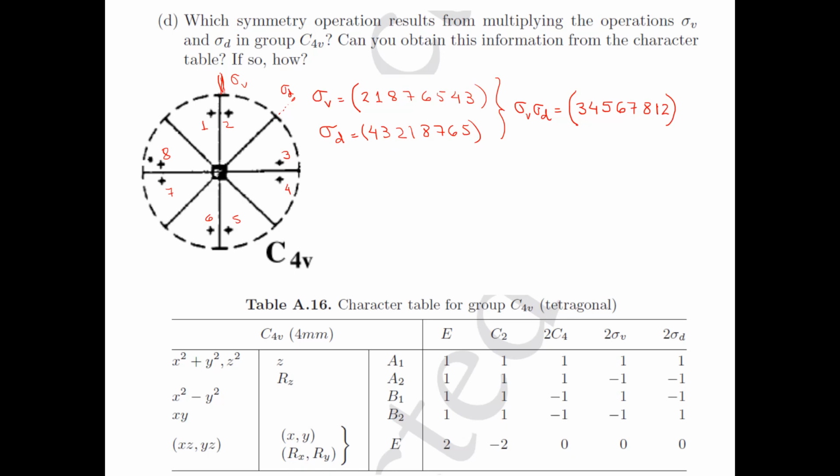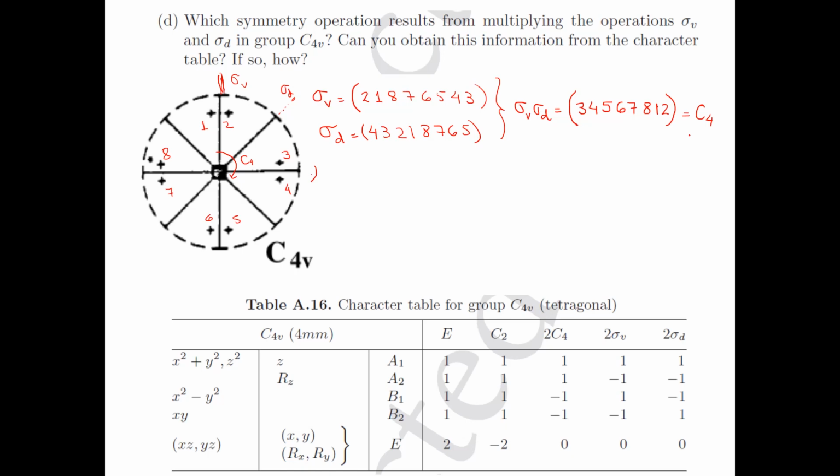And you can see now, you can try to look at these numbers and see what kind of symmetry operation that is. So 1 goes to 3, 2 goes to 4, 3 goes to 5. You can see that it's a rotation, right? A rotation by 90 degrees, a C4 rotation. So this is actually one of the 2 possible C4 rotations that you have in the system.